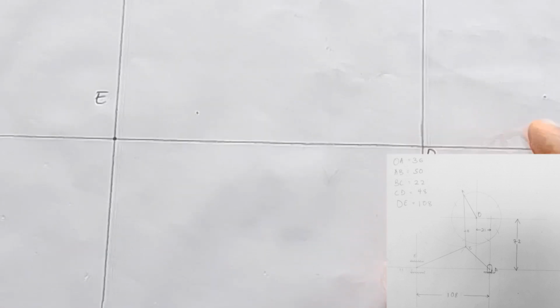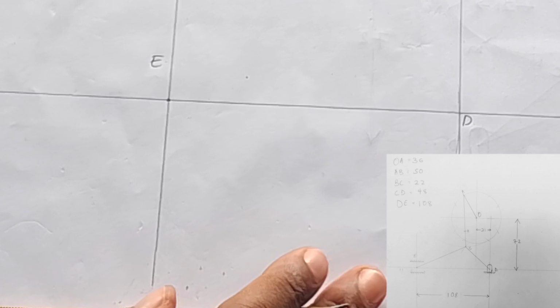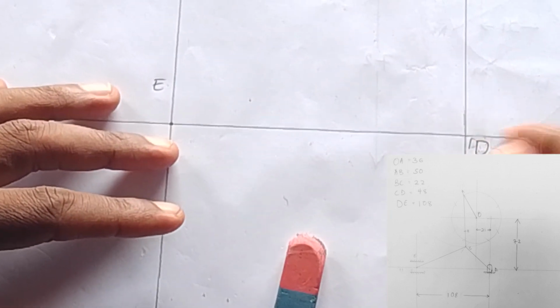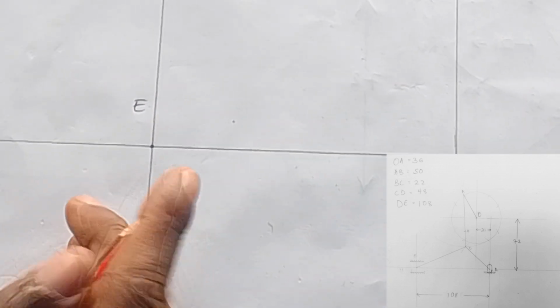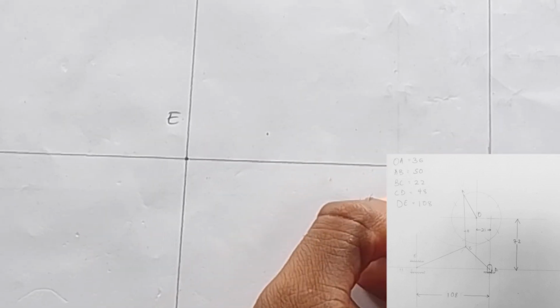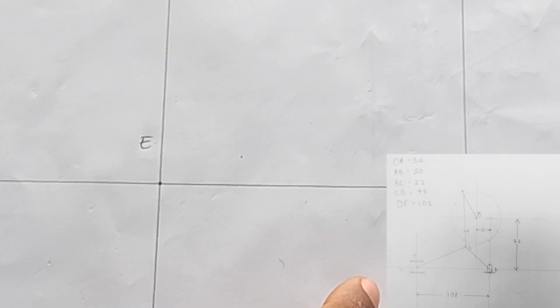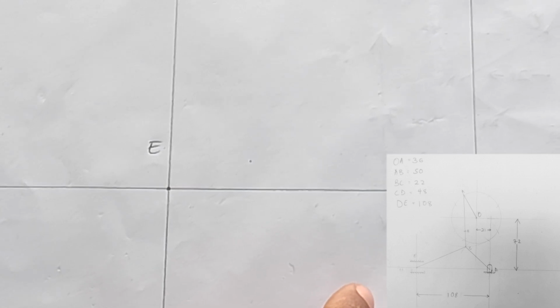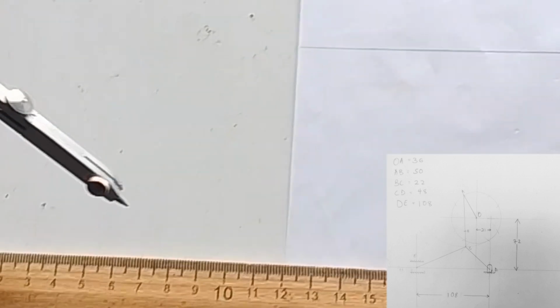Having our point D, the next thing you're supposed to do is, from point D, go 21 millimeters, which is 2.1 centimeters. Again, using your ruler, measure 2.1 centimeters.